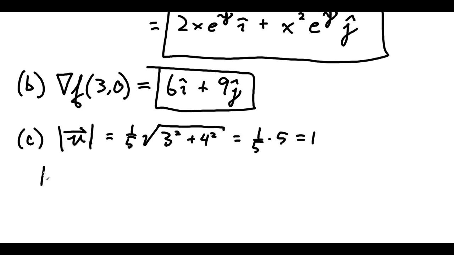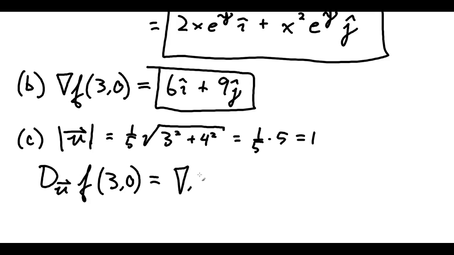So we can compute the directional derivative in the direction of u of the function f. We just want this at the point in question. That was 3, 0. And the directional derivative, if you recall the equation stated a few times throughout this section, there are a few ways of doing this, but the easiest one, I think, to keep track of is that it is simply the gradient of f dotted with u.